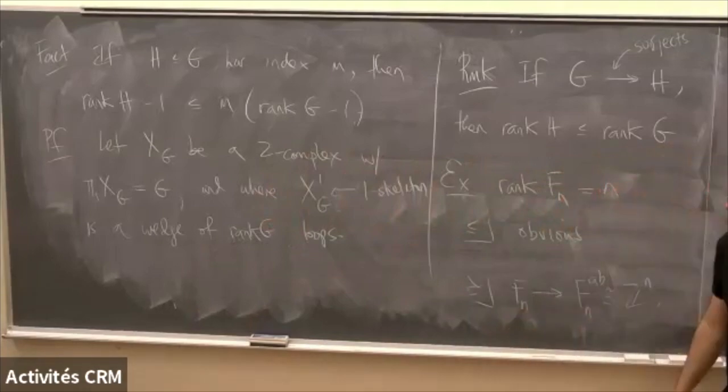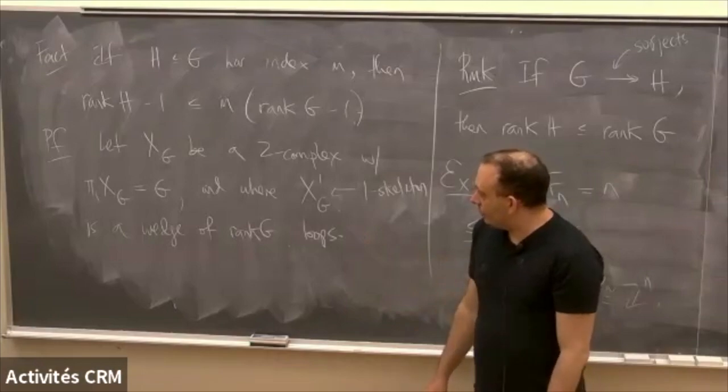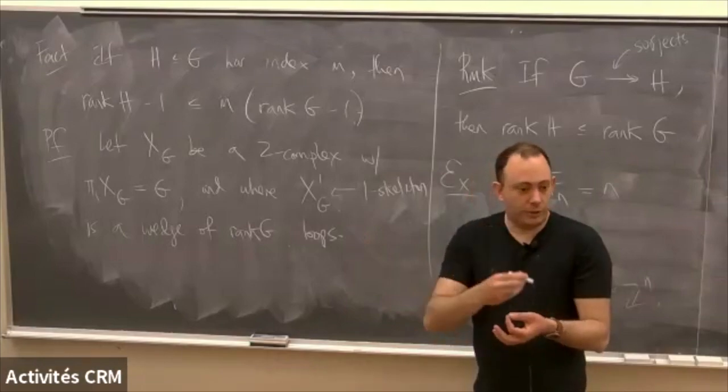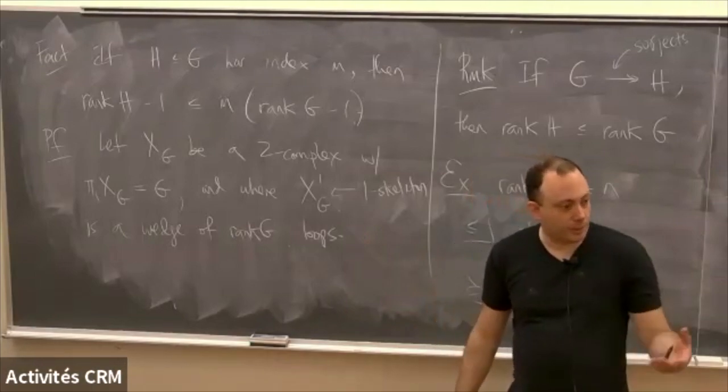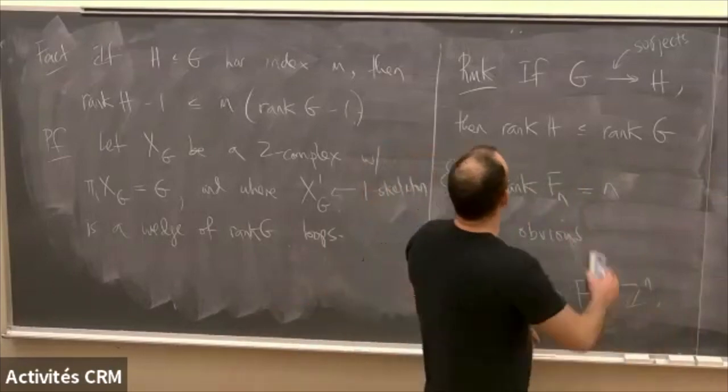Okay, so I take a minimal generating set for G, and I make a wedge of that many loops, and then I can make a complex with fundamental group G by adding a whole bunch of 2 cells to that, corresponding to relators. I mean, maybe infinitely many 2 cells, that's fine.